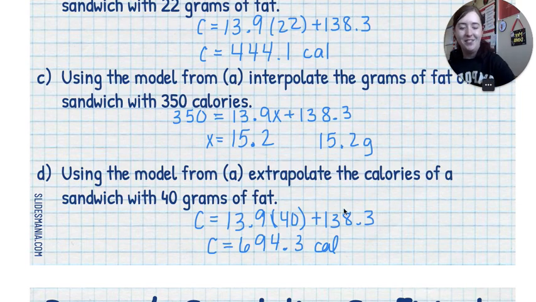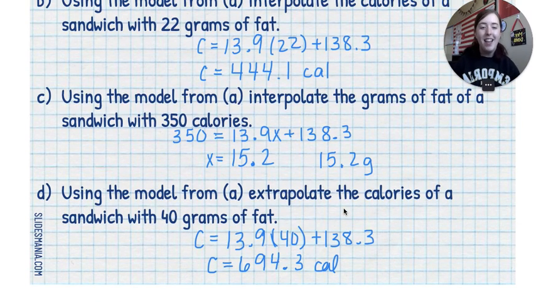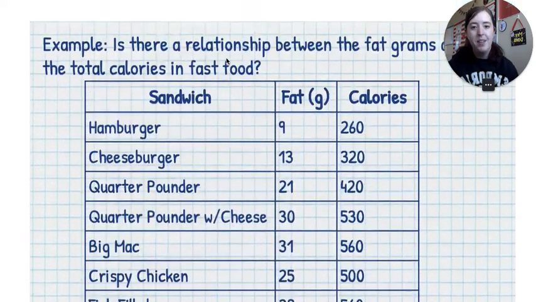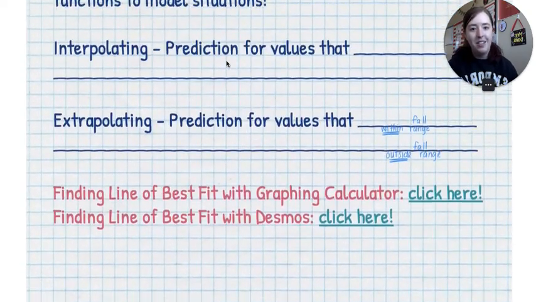Good deal. All right, so the last thing that I wanted to mention was I wanted to compare our two different equations that we had. So we had the one from the computer that was 13.9x plus 138.3. Let's go back and look at ours from earlier.